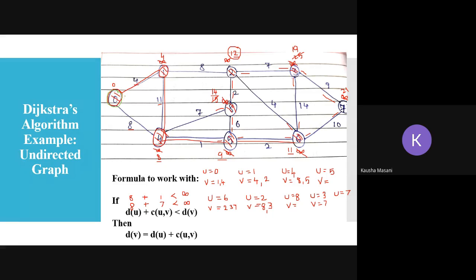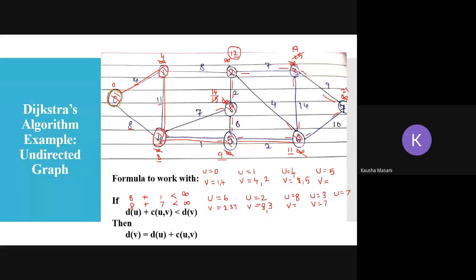Then I can go 0, 1, 4, 5. I can go 0, 1, 2, 8, and 5. I can go 0, 1, 4, 8, and 5. But out of all these possible paths, the shortest distance path is 9. The shortest distance to reach vertex 5 from 0 is 9. That is what these distances indicate. Got it?